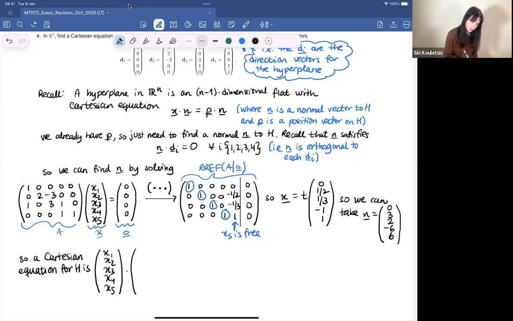So a general vector x on the hyperplane dotted with a normal equals a point that we were given here on the hyperplane dotted with a normal.